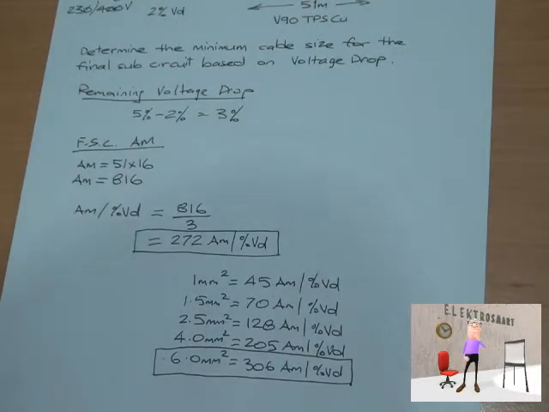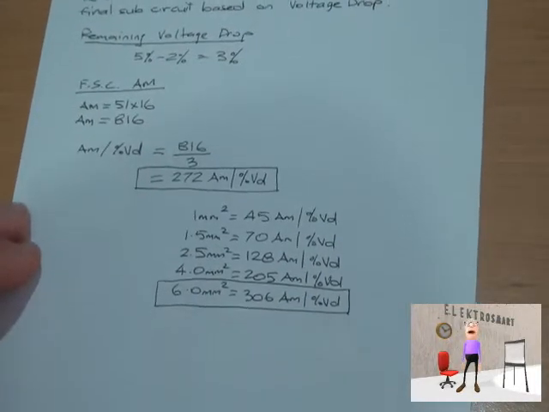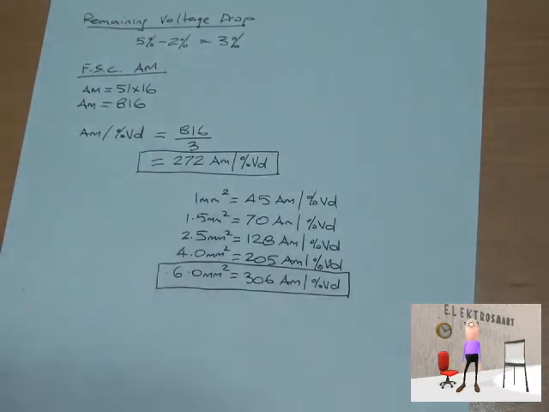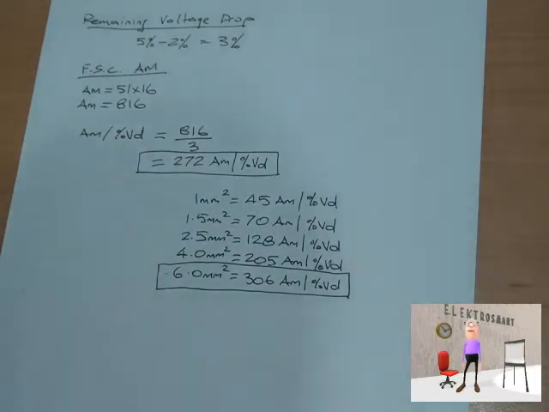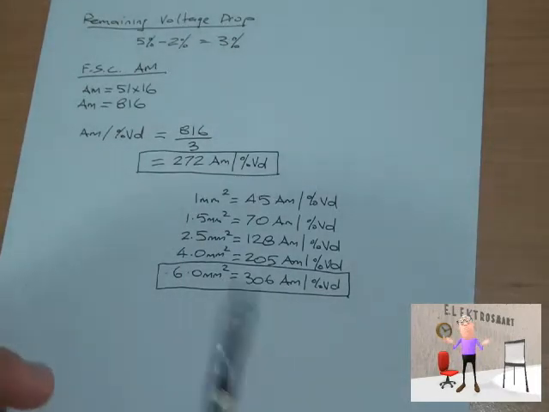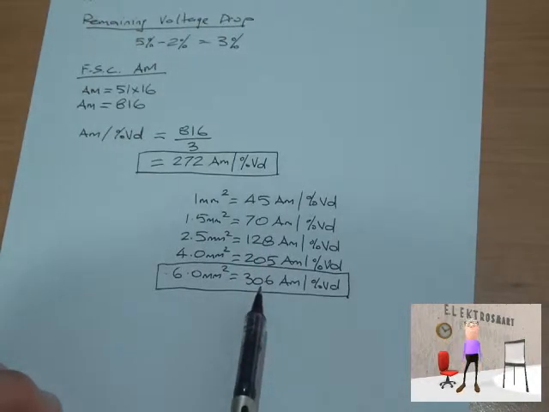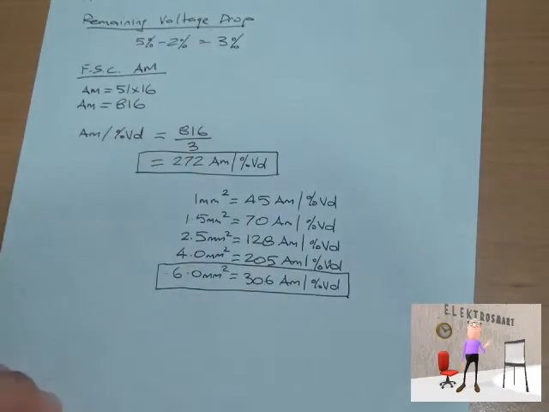Now one more thing, we will just finish off this question. It doesn't actually ask us to do this, but we'll do it anyway, and that is we're going to work out the actual voltage drop on that 6 mil cable, because the capacity is greater than the required 272. That means the actual voltage drop will be a little bit less than the 3%.